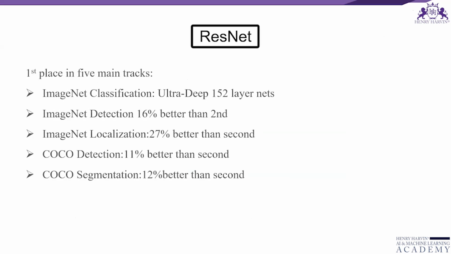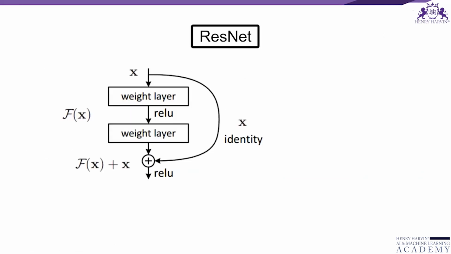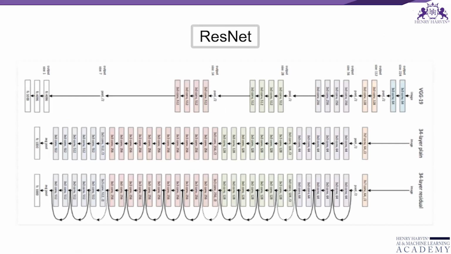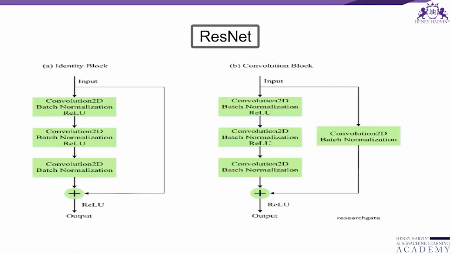So what we have seen is that ResNet took first place in all the 5 main tracks: ImageNet classification, ImageNet detection, ImageNet localization, COCO detection, and COCO segmentation. And we have seen how this part is done, and how this 34 layer residual network is different from VGG 19 and the 34 layer plain network.